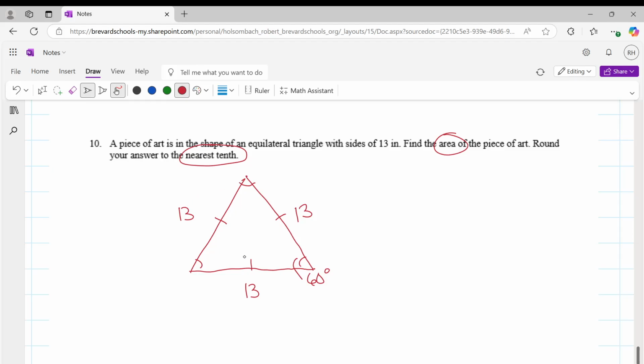Area of a triangle is equal to 0.5 times the base times the height. So this area is equal to 0.5 times this base, which is 13, times the height, which is right here.